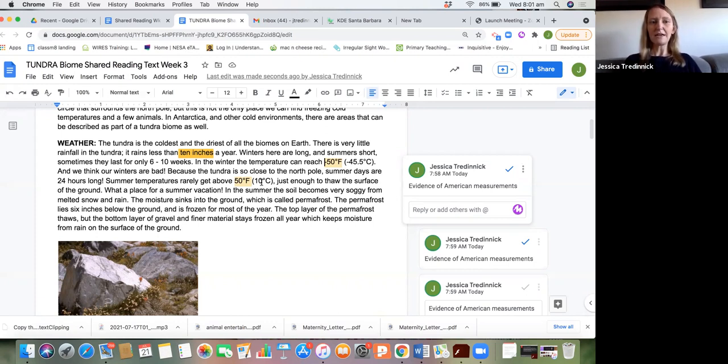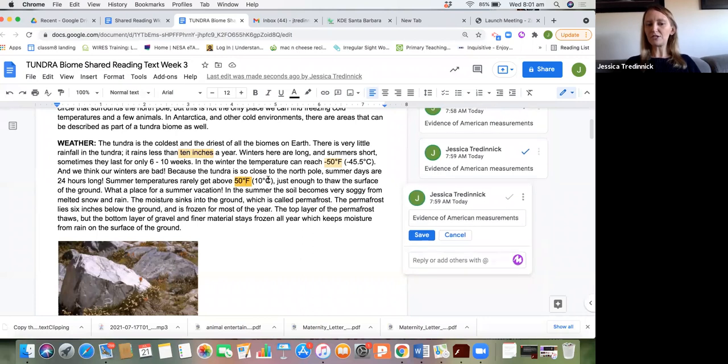So this text was written by an American, probably to begin with for an American audience, but we know that the internet is global, so anyone can read it as well, and that's why it's got both measurements in it, so it can appeal to the American audience and the rest of the world that uses degrees Celsius.